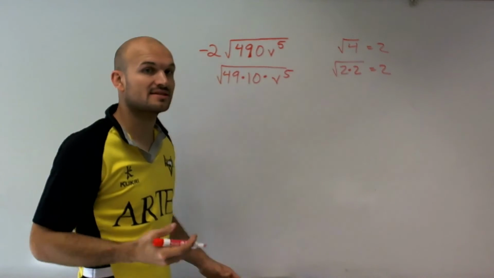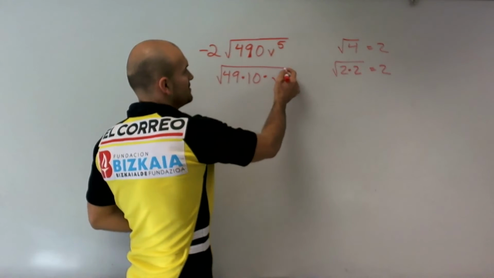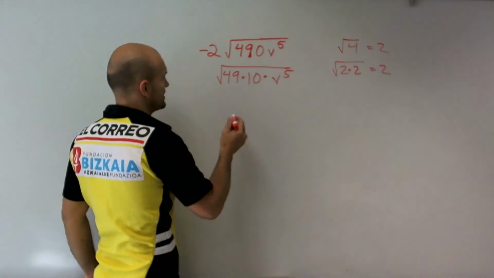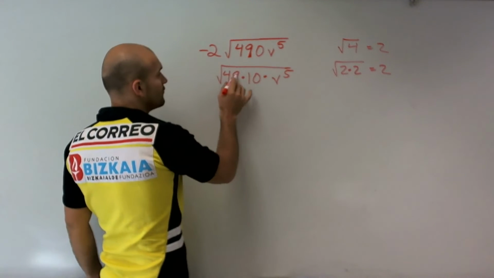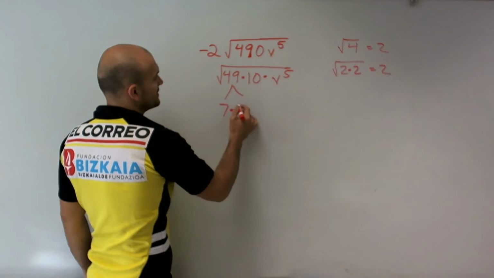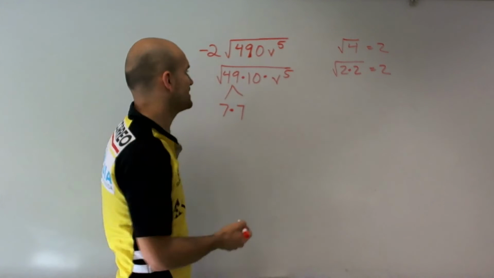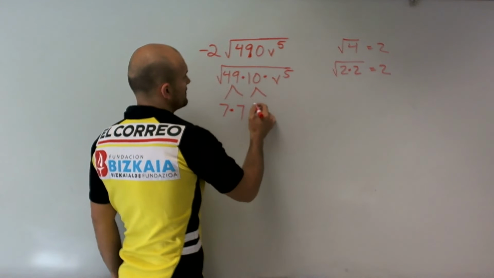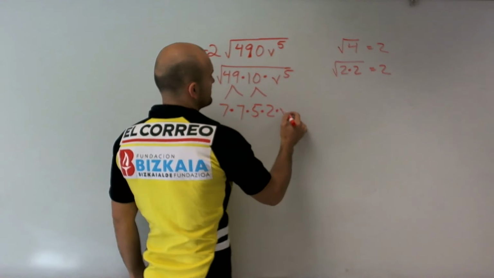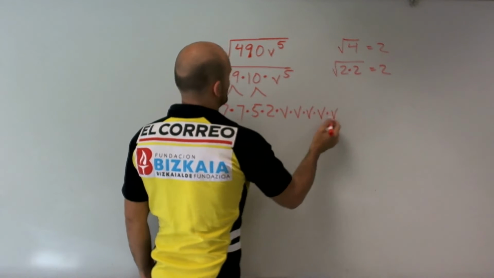Now v to the 5th is a special case because you want to say, how can you rewrite that? Well, that can be rewritten as v times v, 5 times. So I'll get to that in a second. So 49, if we factor that, can be factored into 7 times 7, and 10 can be factored down into 5 times 2, times v times v times v times v times v.